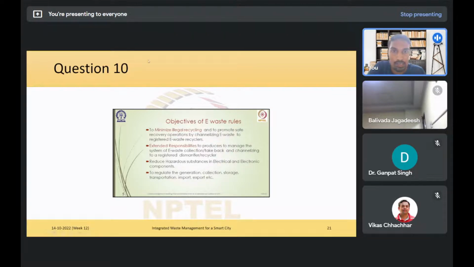The e-waste rules also come up with regulations for the different processes associated with e-waste management, from generation, collection, storage, transportation, as well as importing and exporting waste. These are the items that the e-waste rules focus on.